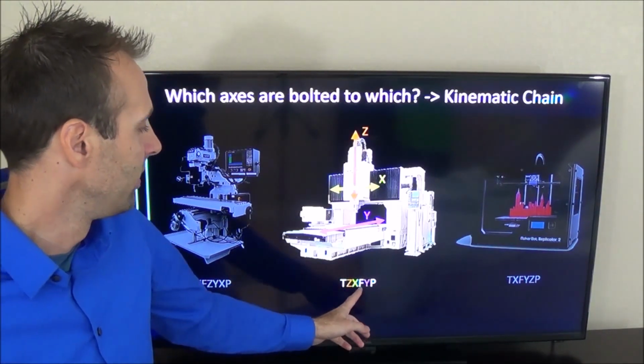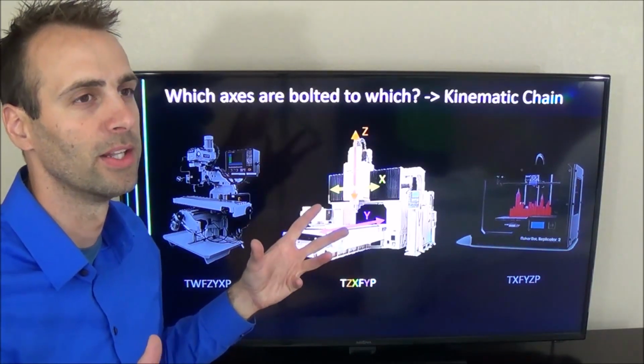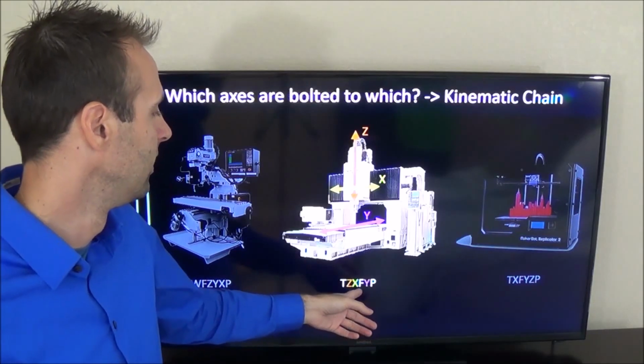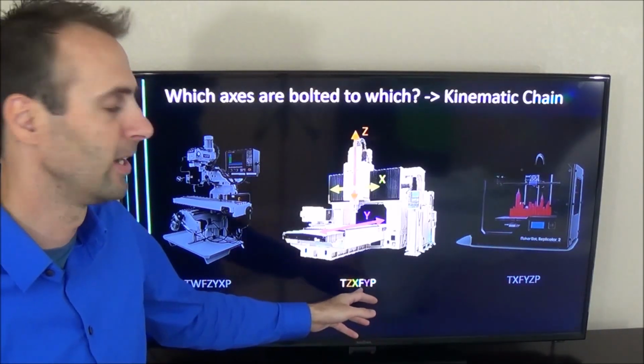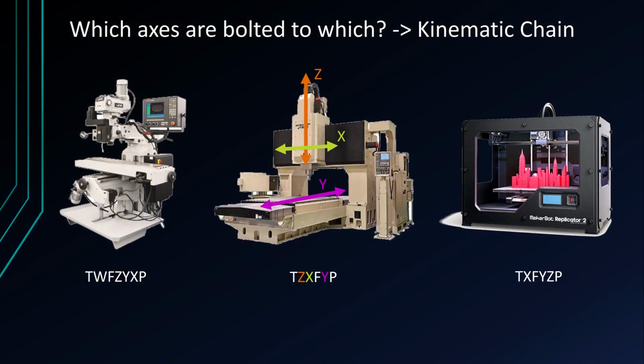Again, I said that the frame doesn't mean anything unless you want to put a thermal model to the frame or something like that. But if you're just doing dynamic or geometric errors, this frame can drop right out. That's up to you and how complicated you want your model.